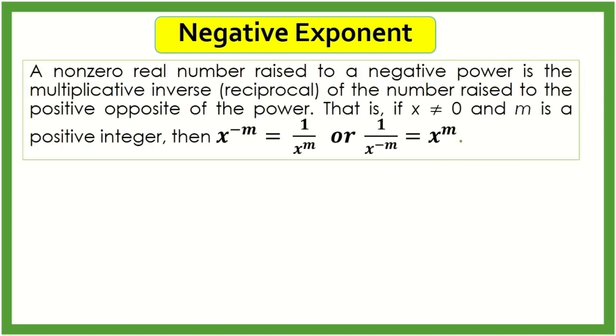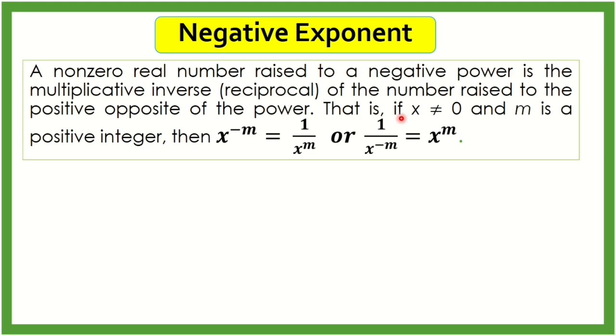This is the definition. A non-zero real number raised to a negative power is the multiplicative inverse or reciprocal of the number raised to the positive opposite of the power.